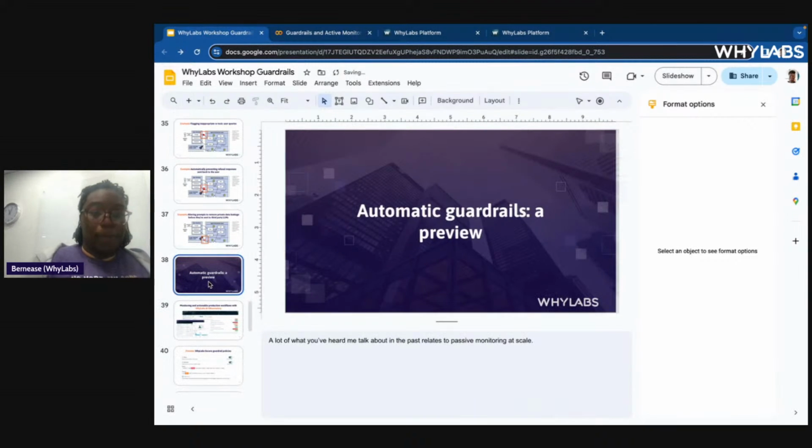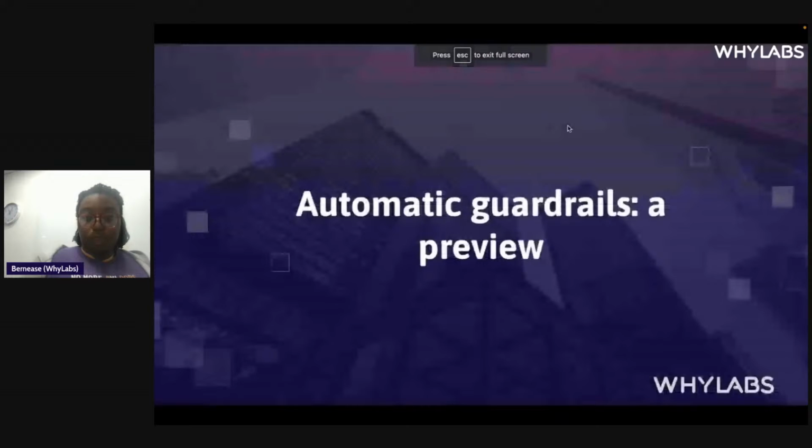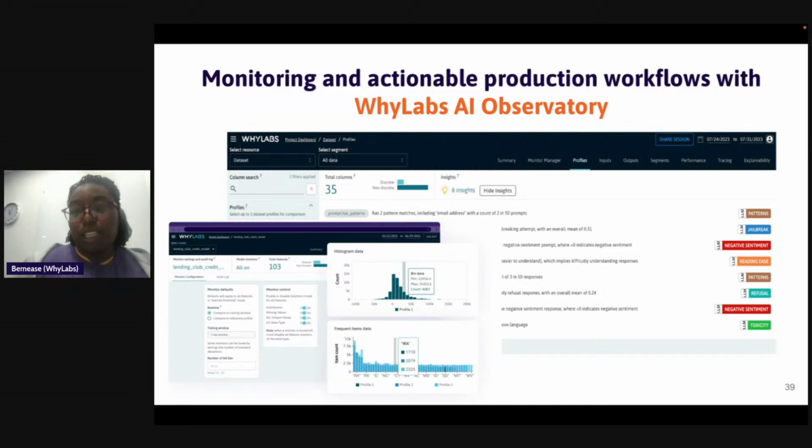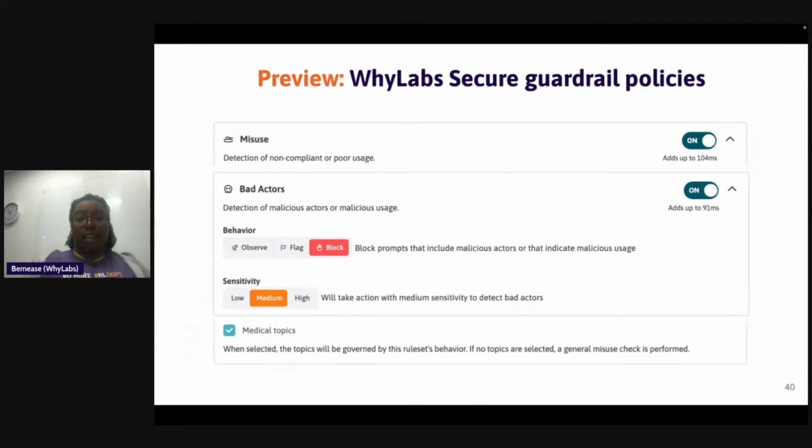And then I just want to wrap up with how to do this in a more automatic way, as opposed to the code. As we saw in WhyLabs Observatory, there are many different tools and workflows, and we're soon going to announce a new workflow, and that is WhyLabs Secure, which includes these sorts of guardrails policies.